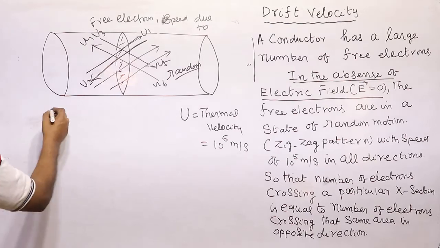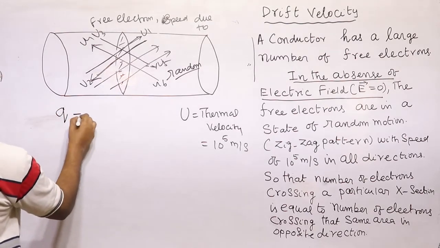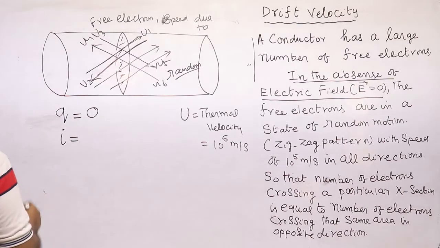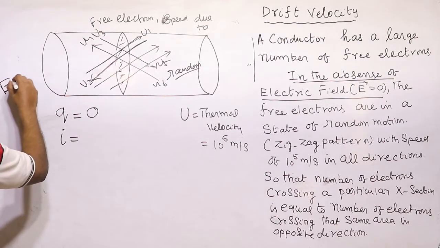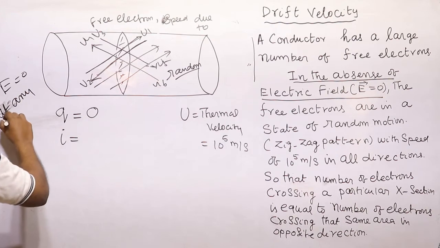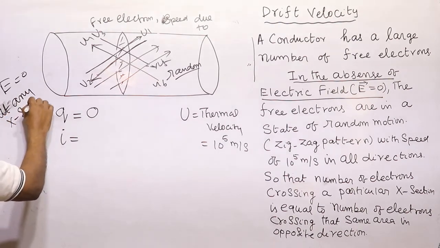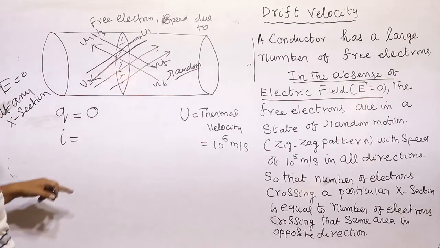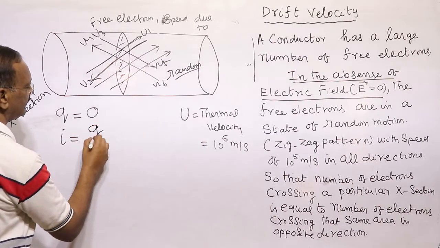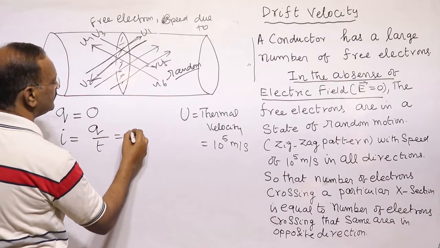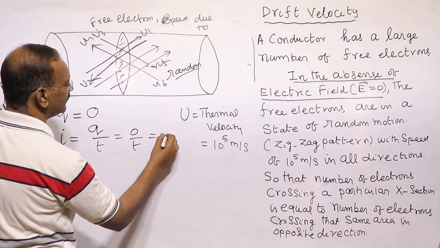Since the charge flowing through any cross section is 0, in the absence of electric field, at any cross section of the conductor, the net charge flowing is 0 and the net current through this cross section is equal to q/t, which is 0/t, equal to 0.